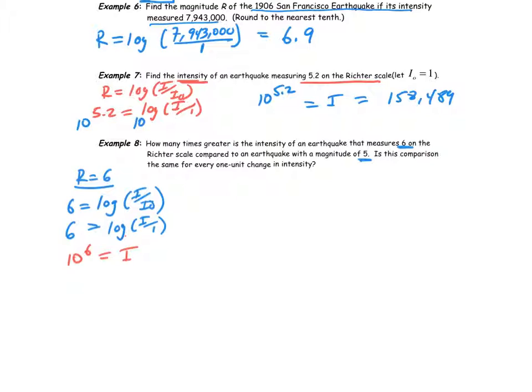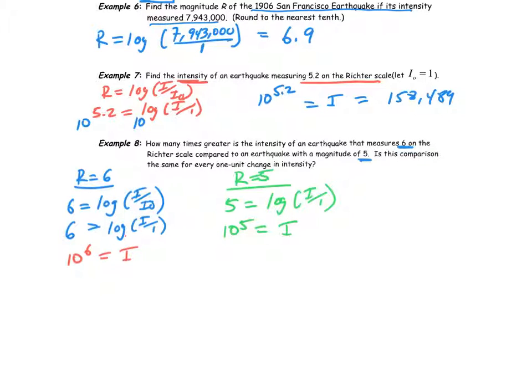We're going to repeat the same problem, except now we're going to let R be 5. So we get 5 equals the log of I over I naught, which is 1. Then we rewrite this in exponential form, so we get 10 to the 5th is equal to I. So if the magnitude is 5, the intensity is 10 to the 5th. If the magnitude is 6 on the Richter scale, the intensity is 10 to the 6th. How do these two compare?